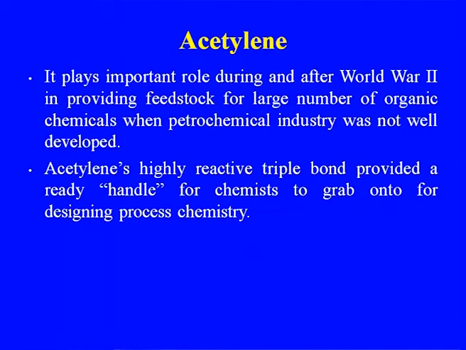The acetylene's highly reactive triple bond provided a ready handle for chemists to grab on for designing the process chemistry. So, many of the chemicals which we are making through the ethylene route were earlier made through the acetylene route.